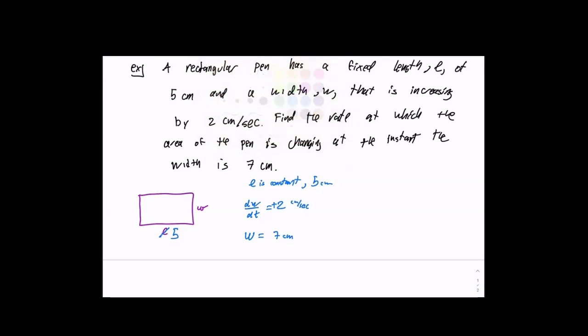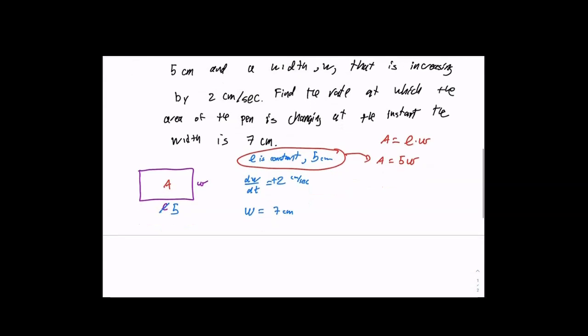All right, and I want to know the area, so I want the relationship between area, length, and width. What is my area formula? A equals length times width. Good. But since one of the sides is constant, A equals 5W. Perfect.